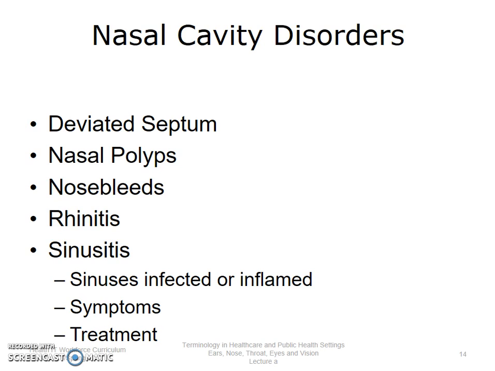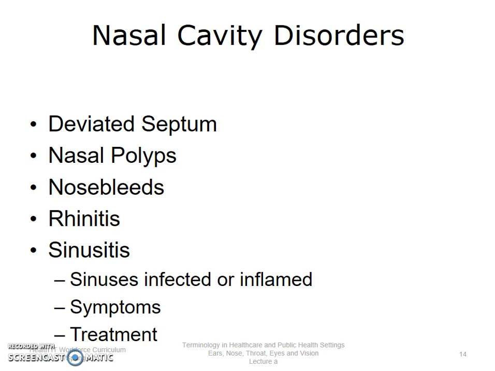Sinusitis means your sinuses are infected or inflamed. Your sinuses are hollow spaces within the bones surrounding the nose. Your sinuses produce mucus, which drains into the nose. If your nose is swollen, your sinuses can be blocked and result in pain and infection.